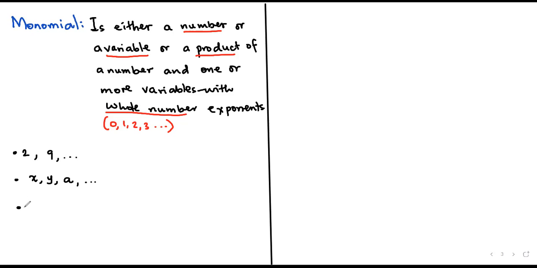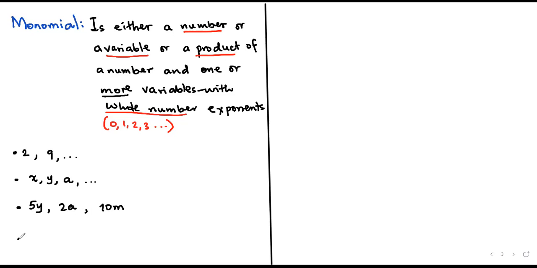Then we said that it can be a product of a number and one variable. So it can be, let's say, 5 times y, that is 5y. It can be, let's say, like 2 times, let's say, a. It can be, let's say, 10 times m. Okay, so all these are monomials.